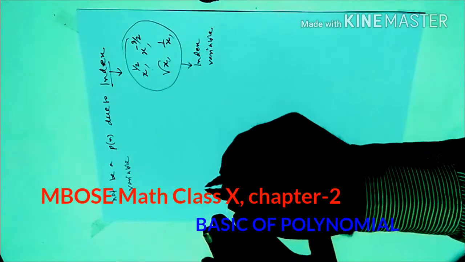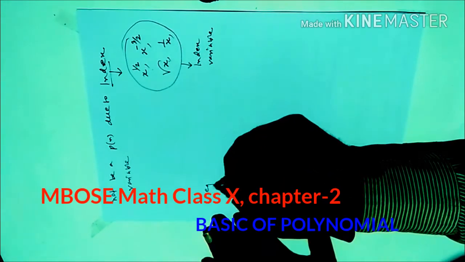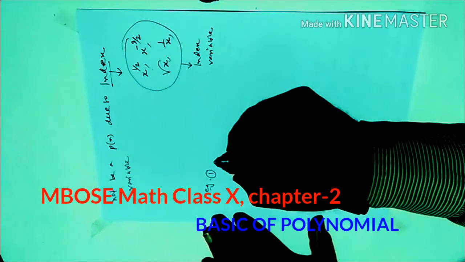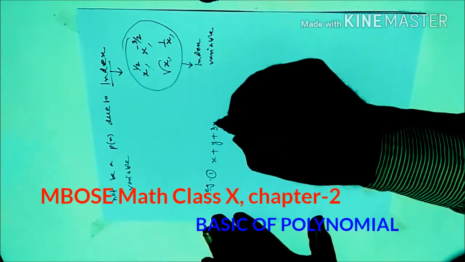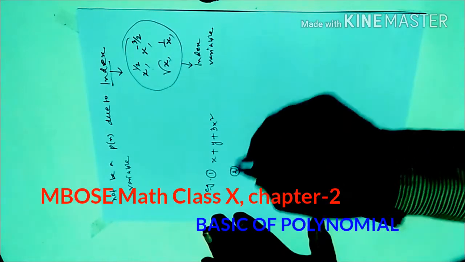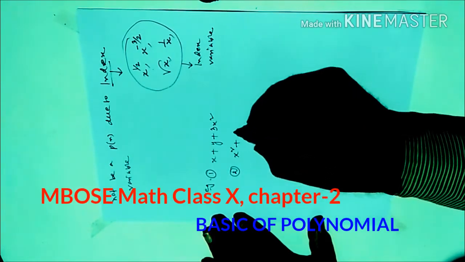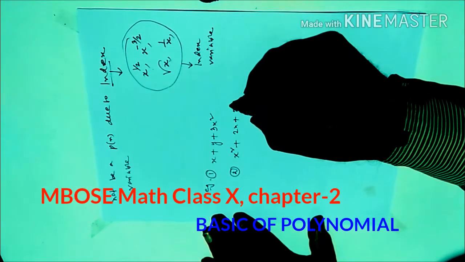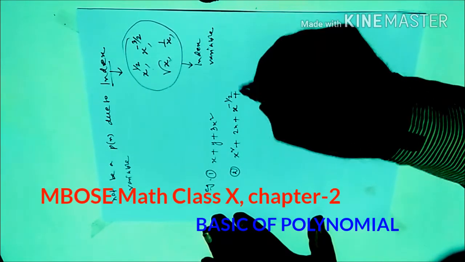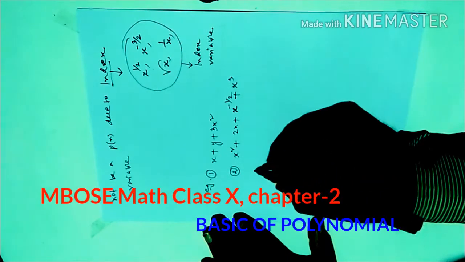Let me give you a clear example. Suppose example number 1: x plus y plus 3x square. Suppose here I write x square plus 2x plus x power minus 1 by 2 plus x cube.